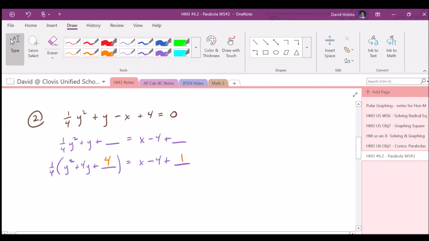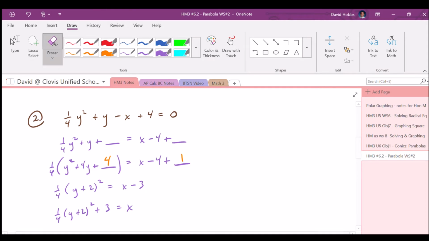Okay, and so we have 1/4, and then the y squared plus 4y plus 4, that factors as y plus 2 quantity squared. And the other side we have x minus 3, which, by the way, technically we can see what the vertex is right now, but let's go ahead and get x equals. So 1/4 y plus 2 quantity squared plus 3 equals x.